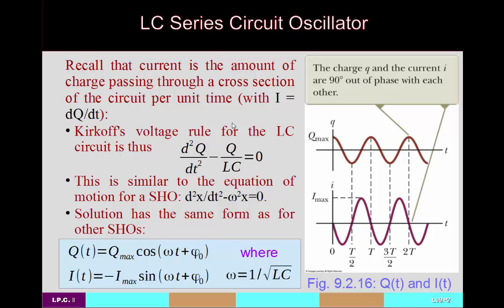Therefore, our equation can be made into a second order differential equation, which looks like this. d squared Q over dt squared minus Q over LC is 0. Or d squared Q over dt squared equals Q over LC, however you want to put it.